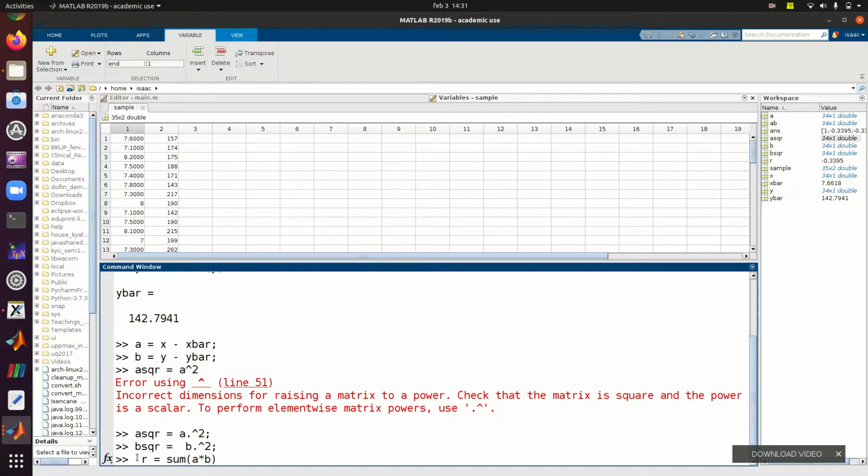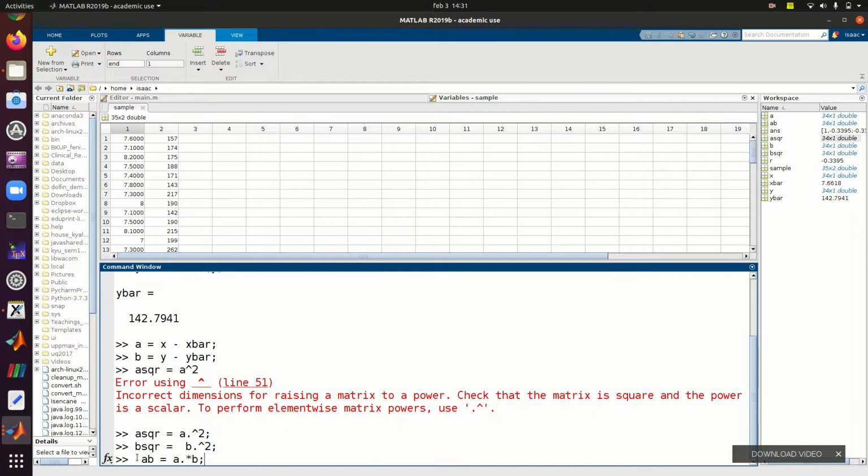Remember, we want this. Let us call that AB. We want to get x minus x bar times y minus y bar, which is going to be a, element wise, times b, because I want each entry in the column x minus x bar, then I multiply it times the corresponding entry in y minus y bar.